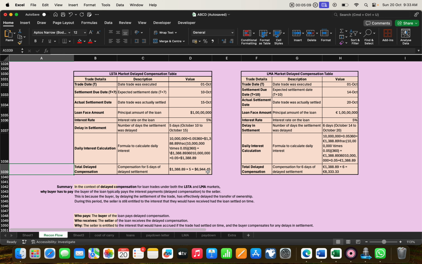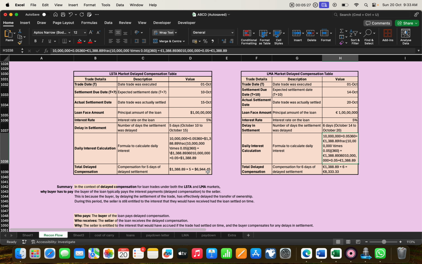Then as per the LMA market, the same calculation is there. The settlement date is 14 October as per the agreement, but it is settled on the 20th. The loan amount is again 10 lakh euro, with 6 days delay.